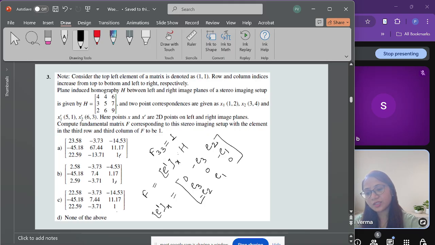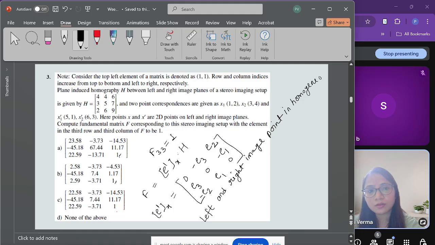So first we have to represent all these points in homogeneous coordinates. Okay, all the left and right image points we need to represent in homogeneous coordinates, right?